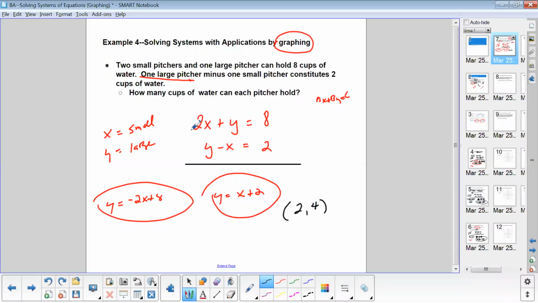I haven't done that in these equations, but we can always check if 2 represents the small pitcher. 2 times 2 is 4 plus 4 gives us 8. And then if we took 4 and subtracted 2, we would get 2. So it's asking how many cups of water can each pitcher hold. Well, the small pitcher can hold 2 cups and the large pitcher can hold 4 cups.